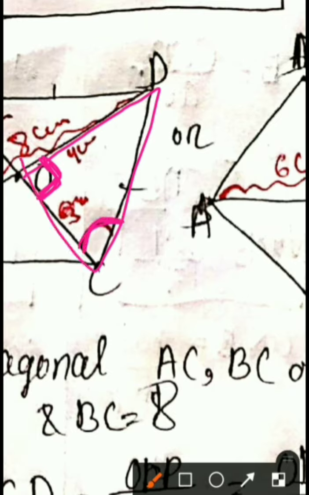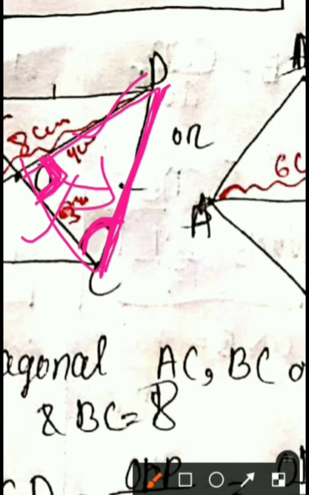This angle is 90 degree, and two sides you know, this one is 4 centimeter and this one is 3 centimeter, and this one will be our hypotenuse, because the side opposite to the 90 degree angle is known as the hypotenuse. So CD is our hypotenuse.